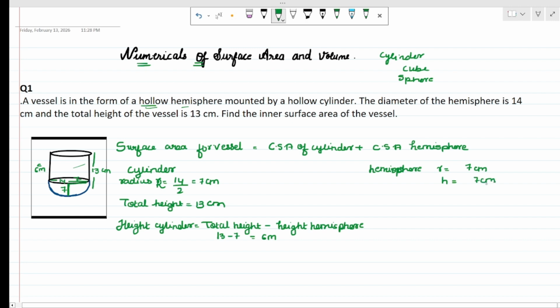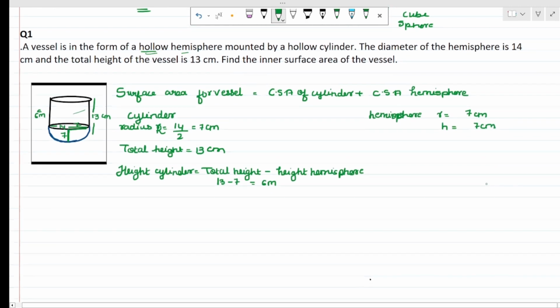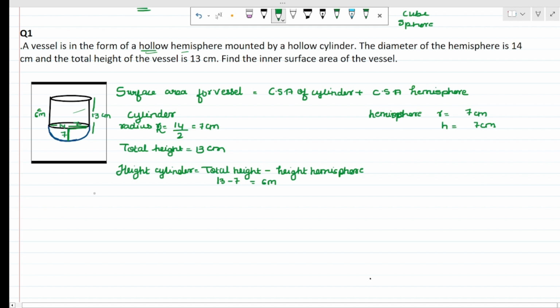Now, without wasting our time, let's substitute our formulas. Surface area of vessel is equal to CSA of cylinder plus CSA of hemisphere. As it is a hollow hemisphere, you will write the formula of the hollow hemisphere over here.